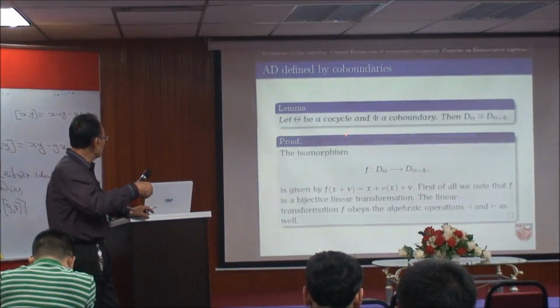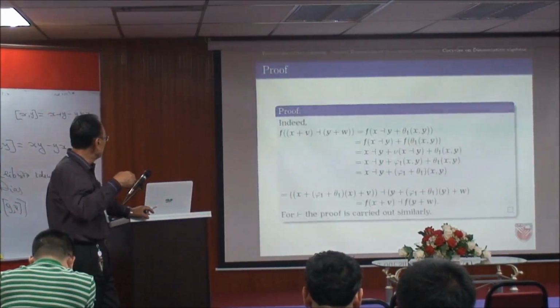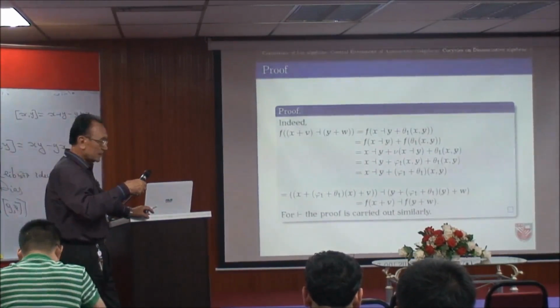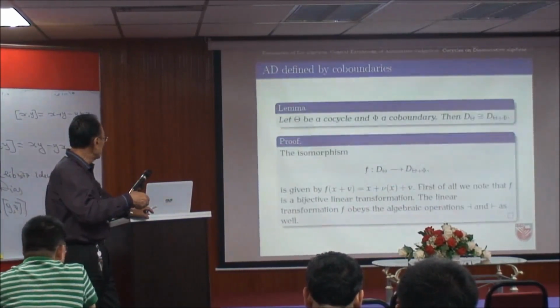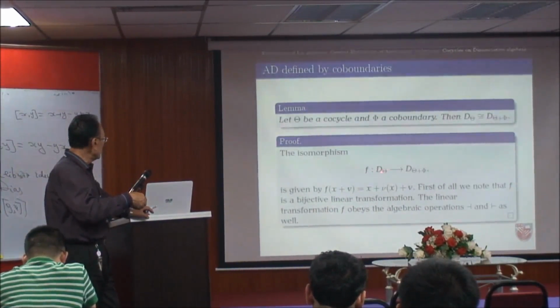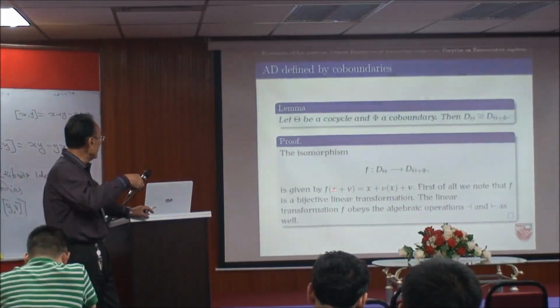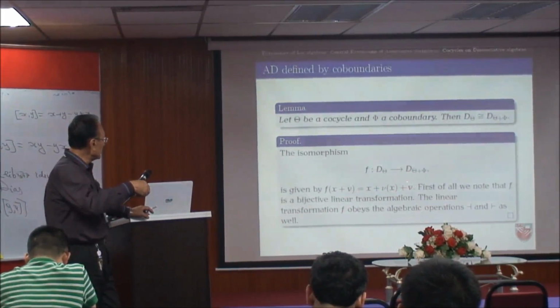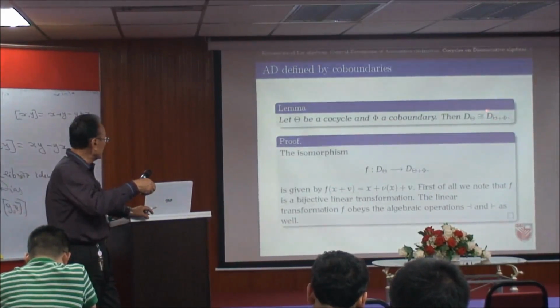Here is a proof of this theorem. The isomorphism is given by this rule: D theta plus phi maps x plus nu(x) to x plus nu(x) plus d. You can easily check this gives this one.